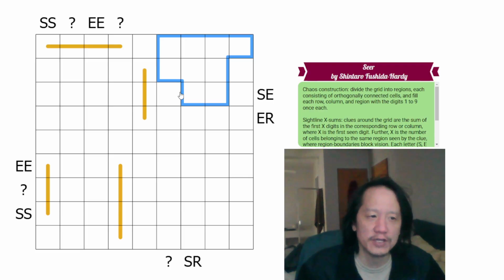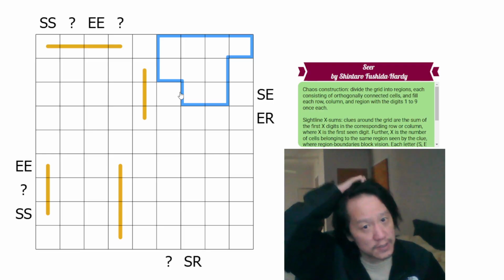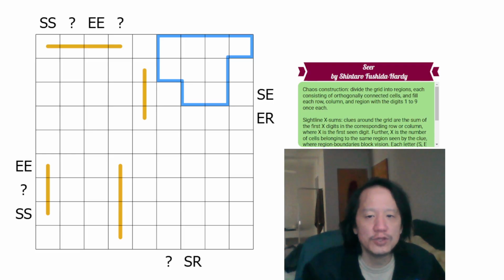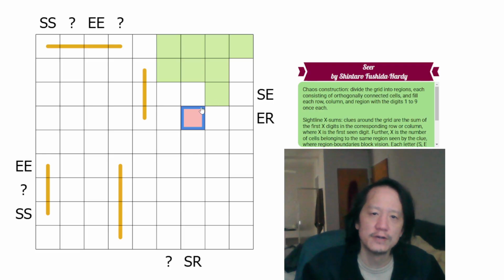With another cell which connects orthogonally to the rest of the cells in the region. So this would be a valid orthogonally connected region. But if we removed one from here and moved it here, this would not be valid, right?